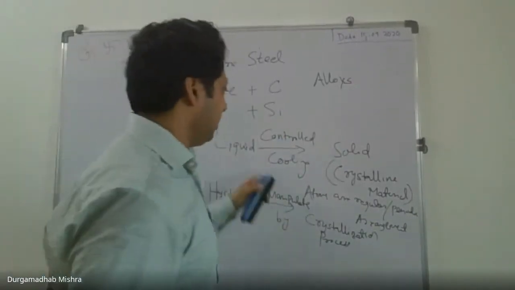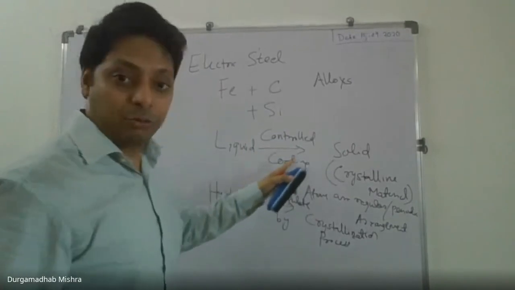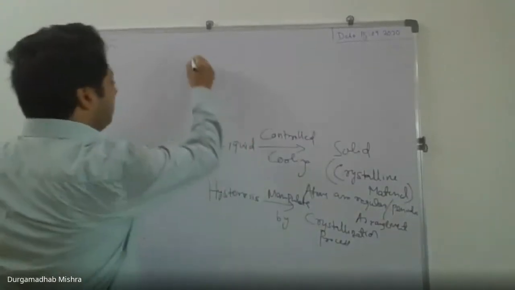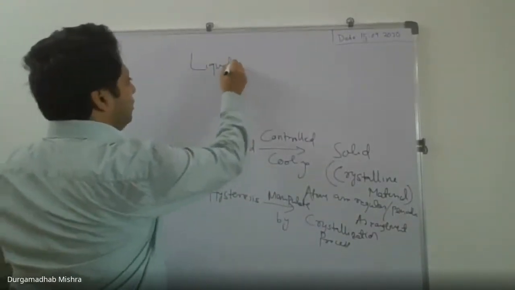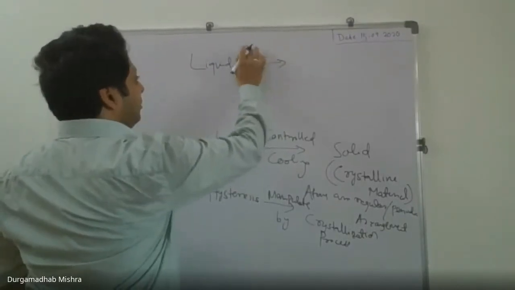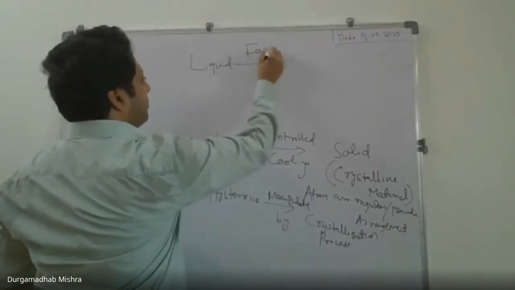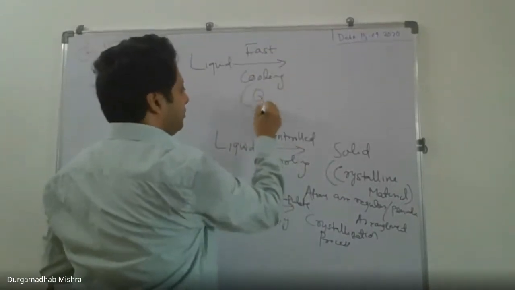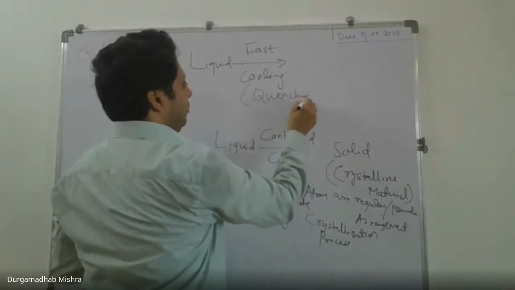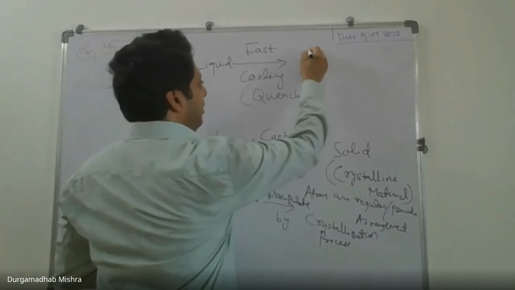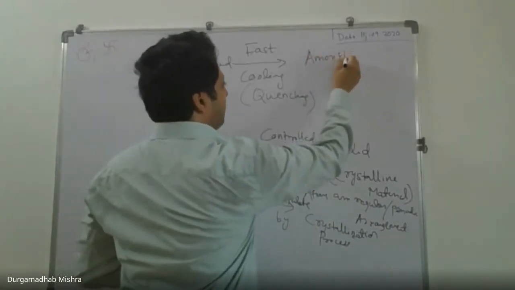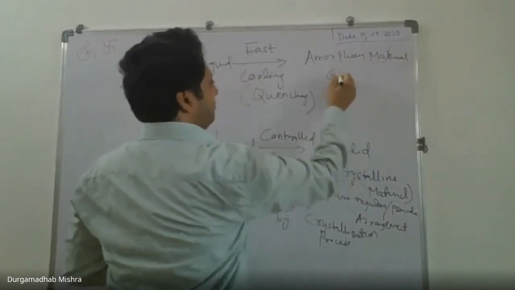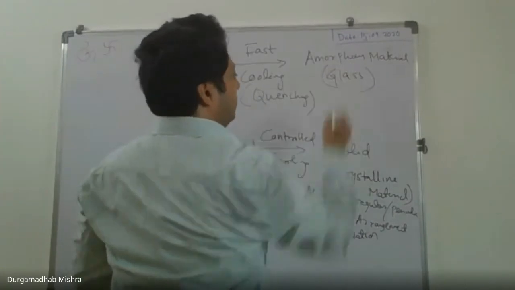For example, instead of cooling down slowly, if I cool down fast, this fast cooling has a term, it is called quenching. If I quench, you get an amorphous material, or something like glass.